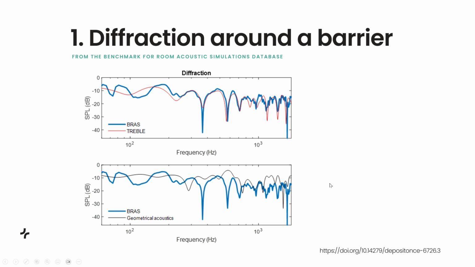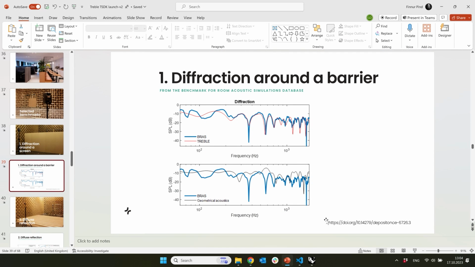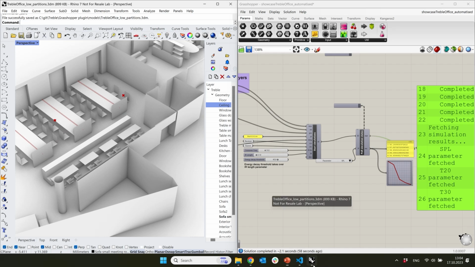So using a wave simulation or a wave hybrid approach where the low frequencies are modeled wave-based, then you can trust to get good estimations in this kind of scenario, like open plan offices, which are of course often very tricky to simulate.